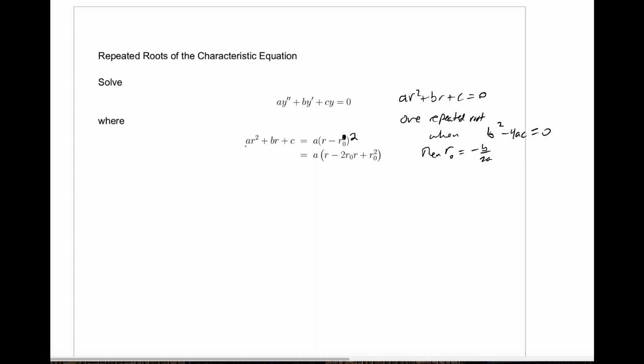The a there is to match the lead coefficient, and we can write that as a times r squared minus 2 r naught r plus r naught squared. That's how we can write this characteristic polynomial in this special case.